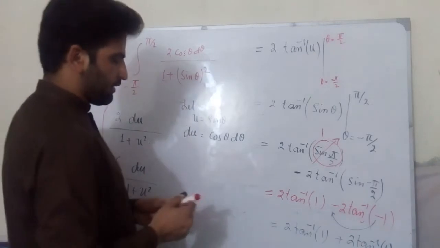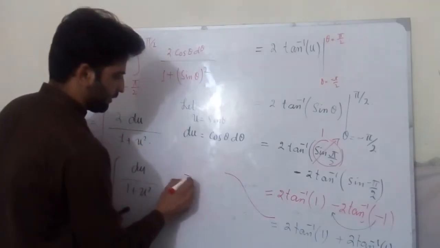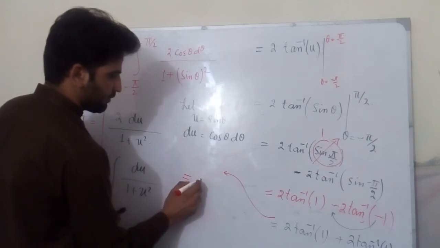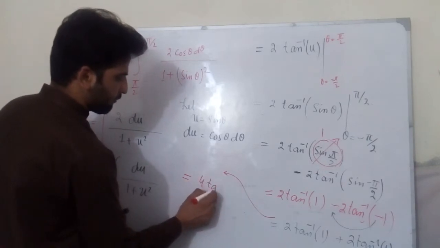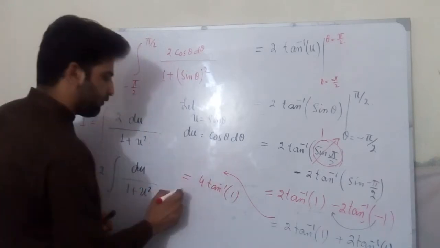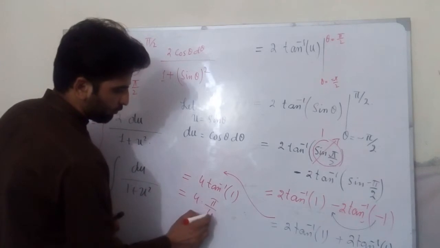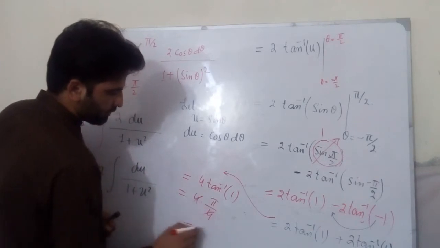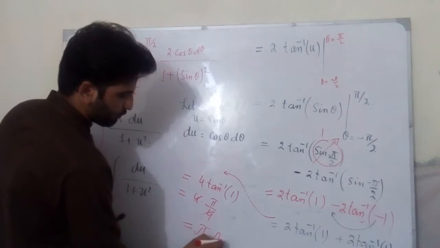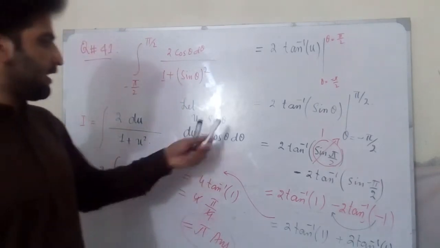Tangent inverse 1 is pi by 4, which means 45 degrees. So pi by 4, 4 and 4 cancel out and you are left with only pi. So this is the answer.